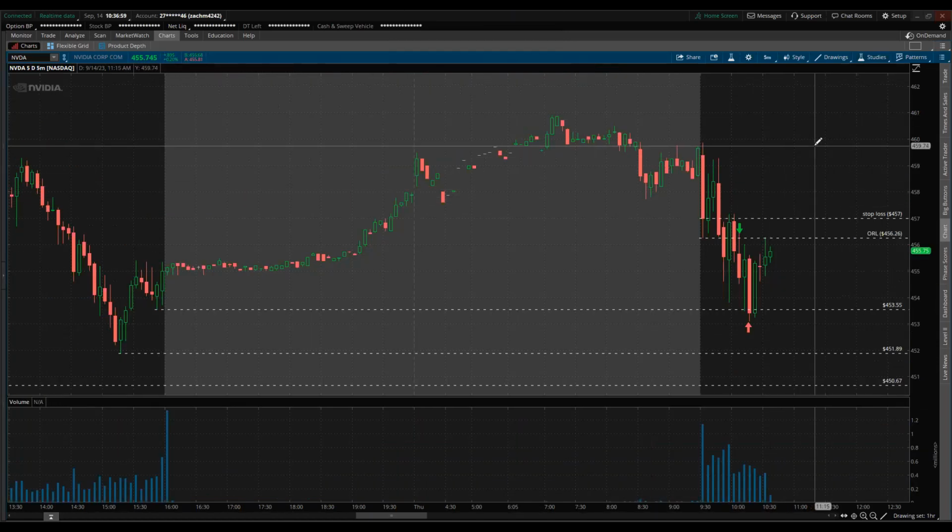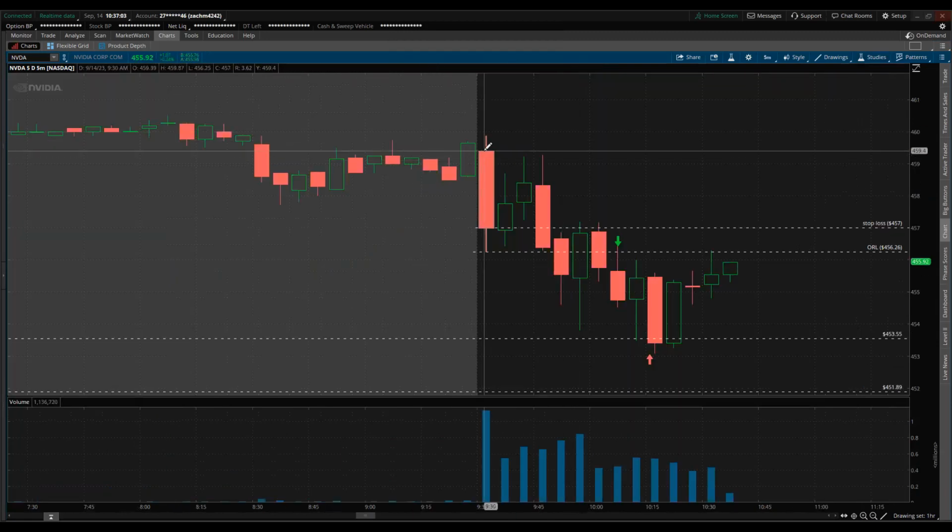Now, when we talk about opening range, what does that mean? We're on a 5-minute chart, and the shaded area is the pre-market, so now we have our opening range, the first 5, 10, 15 minutes of the market. Depending on who you are, some people look at the first 30 minutes, some at the first 15 minutes. I like to look at the first 15 minutes as the opening range.